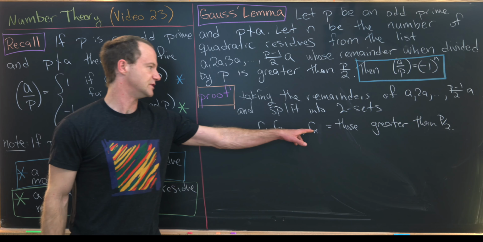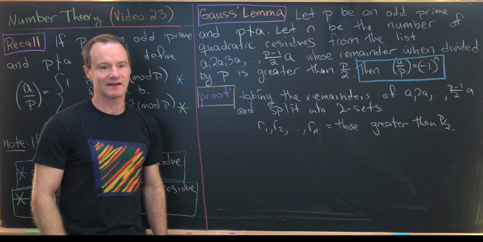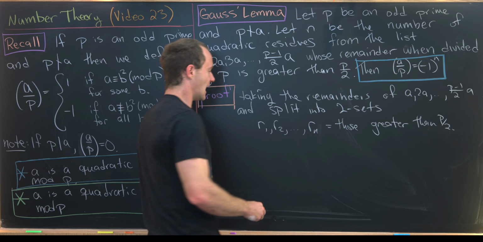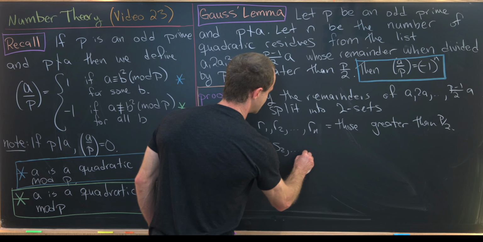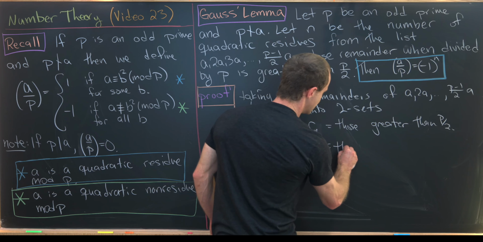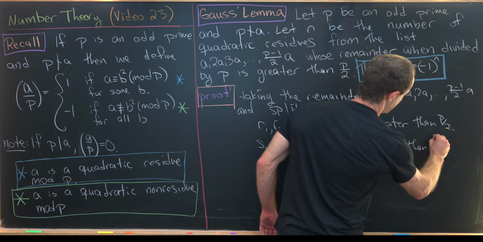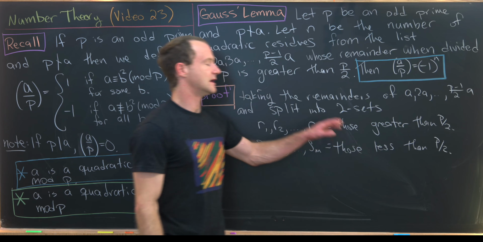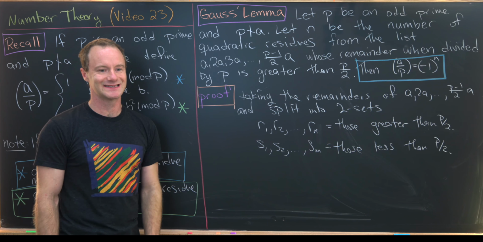Notice I'm using an index that's ending at n. That's because that's exactly how n is defined. And then we'll define all of the rest of them, S1, S2, up to Sm, to be those less than p over 2.